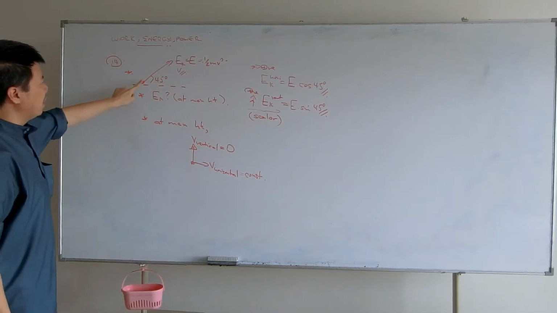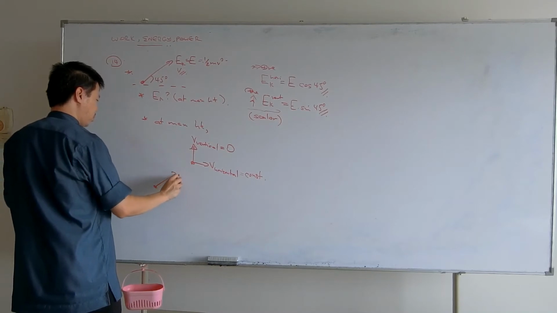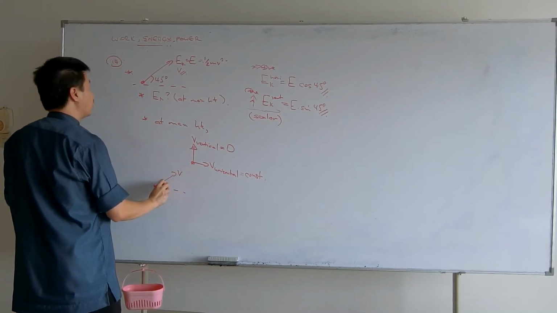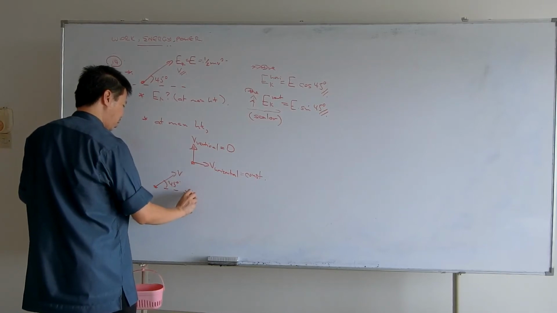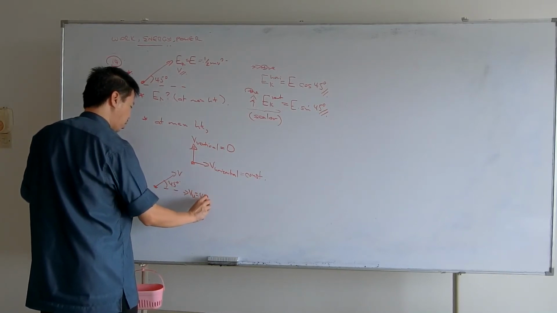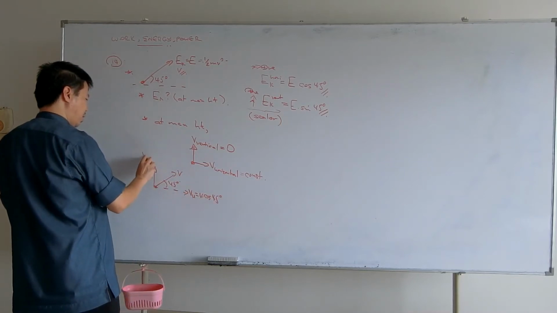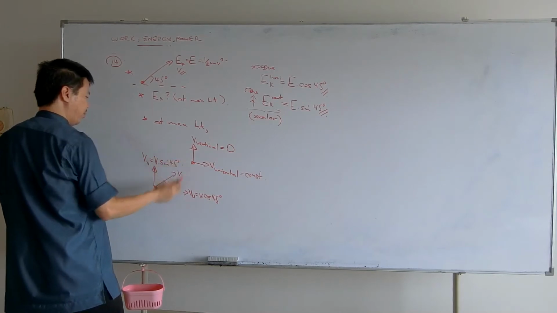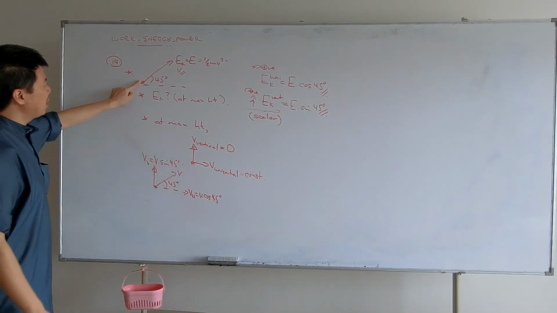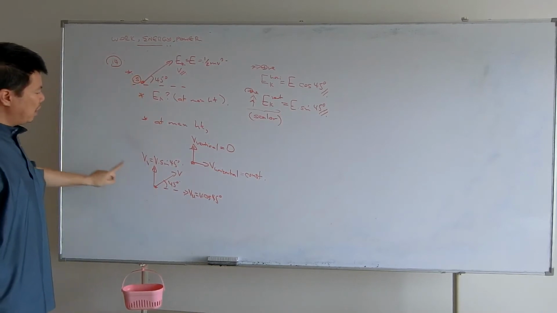So at the beginning, we redraw the diagram. V at 45 degrees. When we have it at the horizontal, V horizontal is equal to V cos 45 degrees. We have V vertical equal to V sine 45 degrees. So at this moment here, let's call it the starting point, S. What is our kinetic energy?